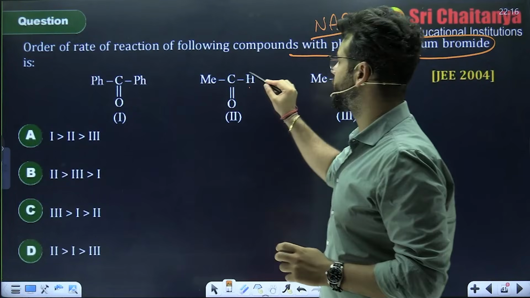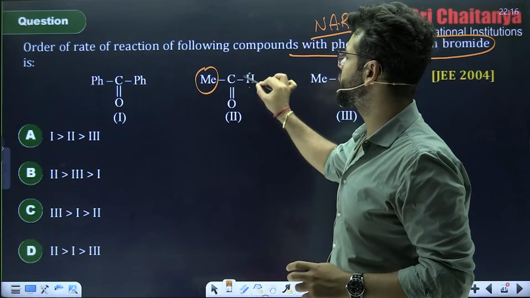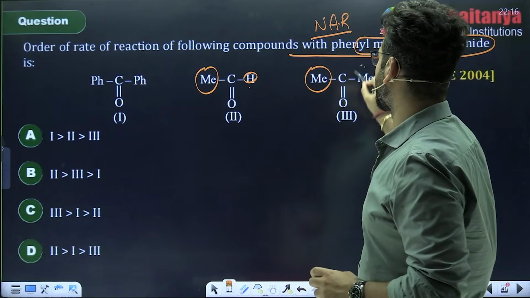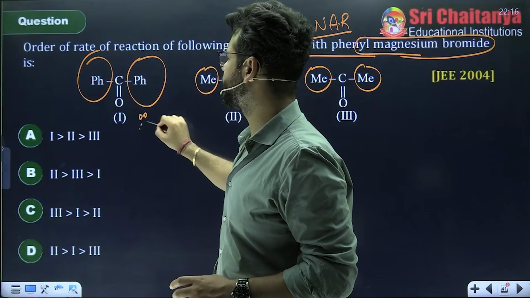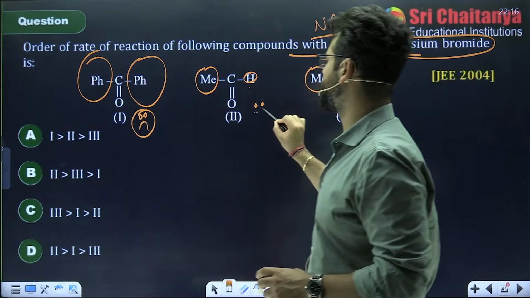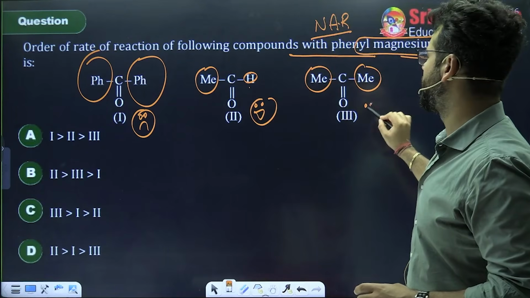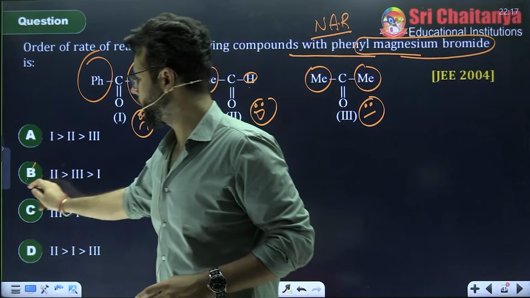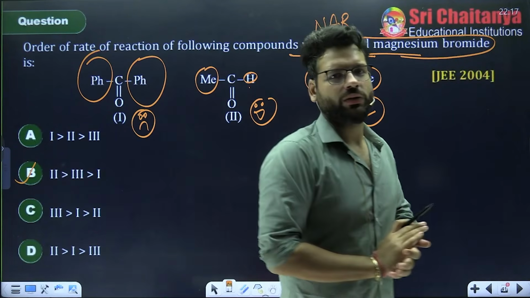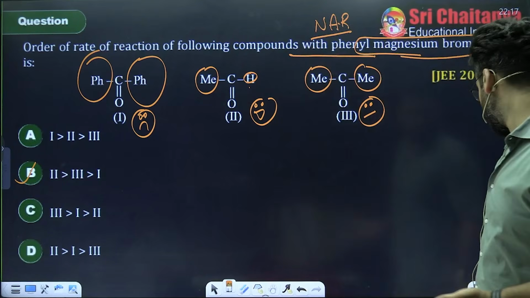This would be most reactive because there is only one bulky group, on one side a small group. Here two very bulky groups, this will be least reactive. This will be most reactive, this will be in the middle. 2, 3, 1. Option B. Okay, so these are the type of questions that we have discussed in today's class.